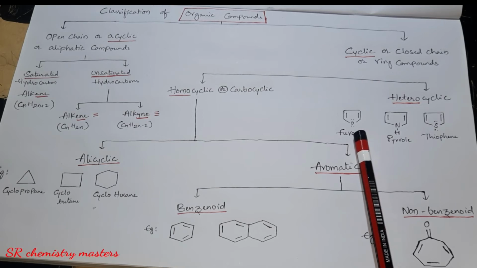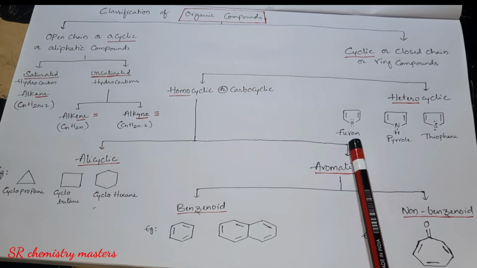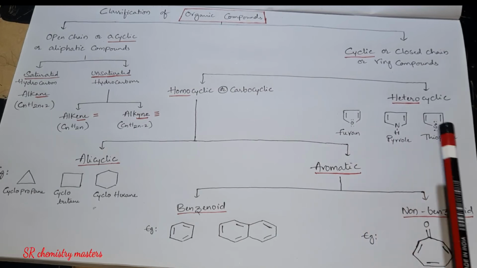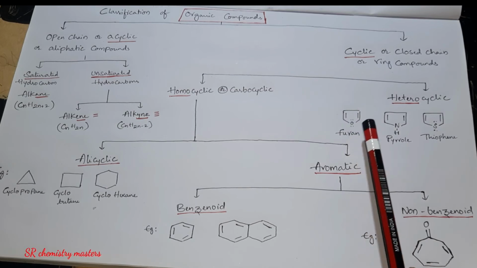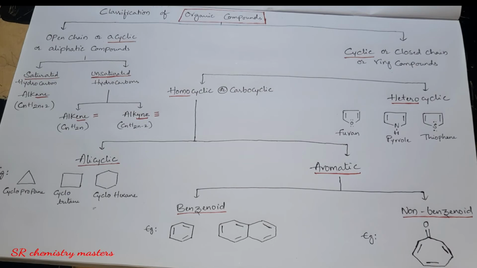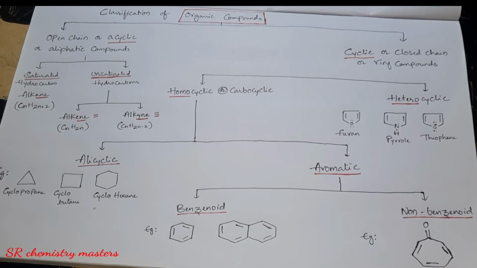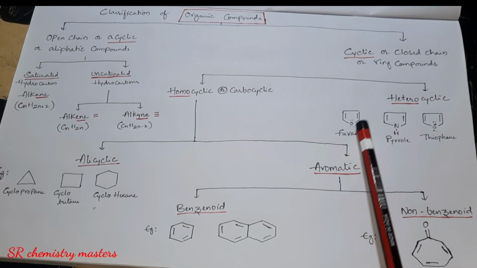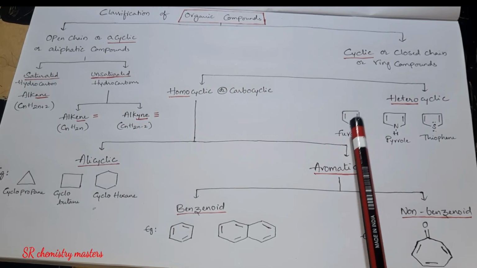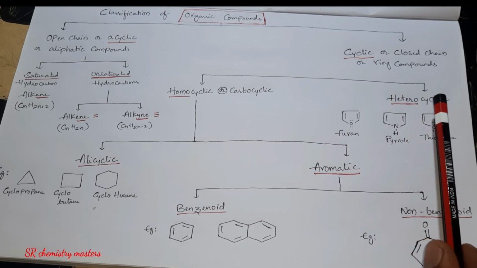If you see here, this is the structure of furan, this is pyrrole, this is thiophene. In these, along with the carbon atoms in the ring, we have oxygen, nitrogen and sulfur respectively. When along with the carbon atoms in the cyclic structure a different atom is present, it is considered a heterocyclic compound.